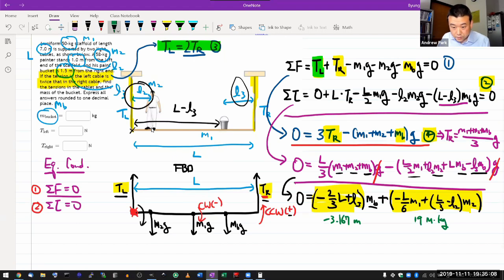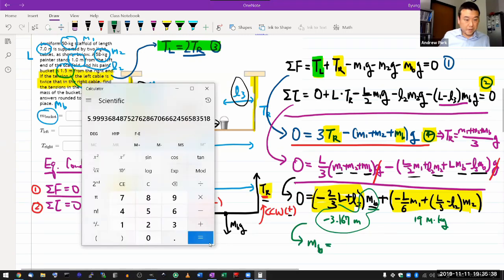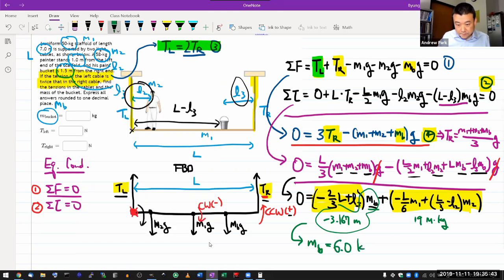All right, so to solve for MB, I imagine moving this term over to the left-hand side, and then divide out by 3.167, which is no longer negative, then I should get a positive answer. So the positive answer is MB is equal to, I guess 6.0 kilogram. Let's plug in the numbers and see.